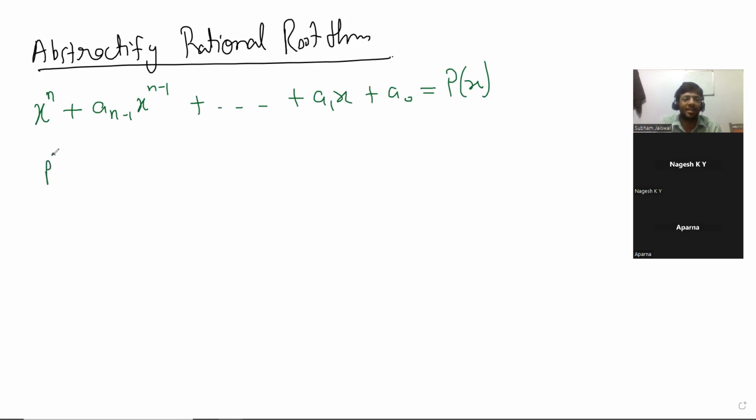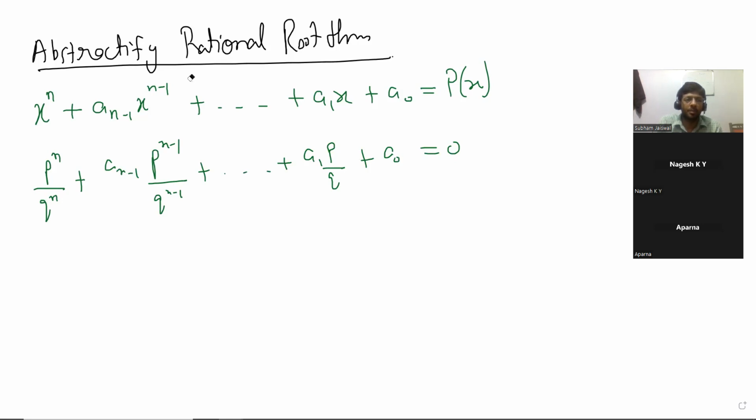So if p by q is a root, so can I say this without talking so much? Yeah, maybe I cannot. It's equal to 0. In the end, what happened was that there was this one side.